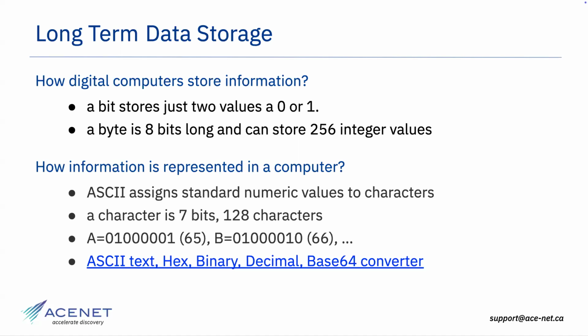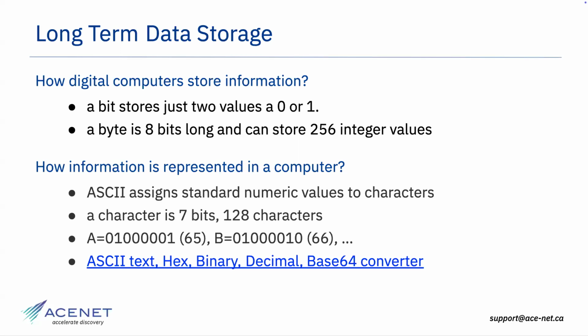Storage devices such as hard drives and flash drives contain non-volatile memory, which is like paper. Even though it can be destroyed or erased, if properly cared for, it can last for a very long period of time. But how do digital computers store information?